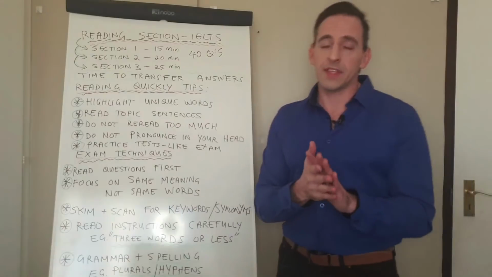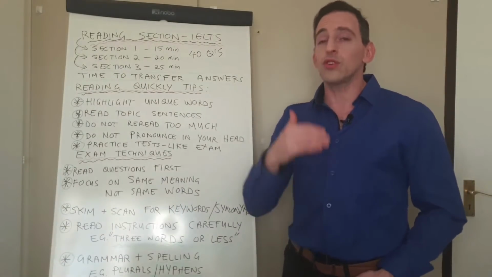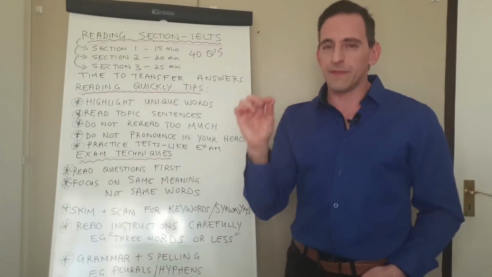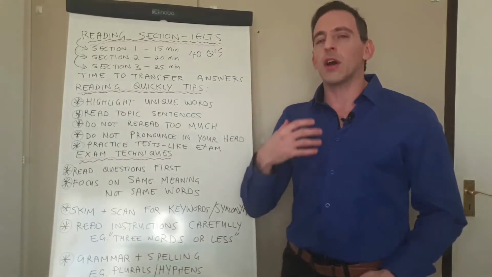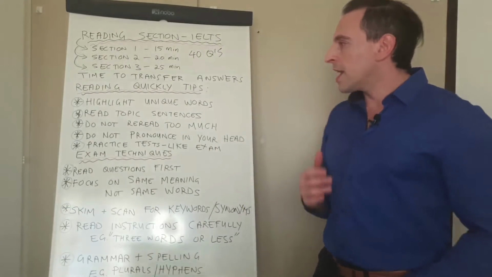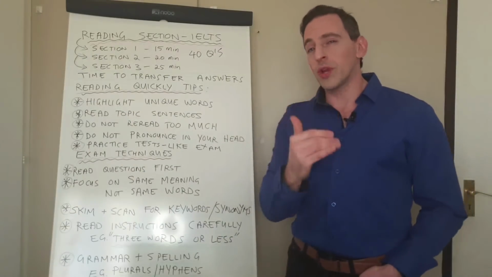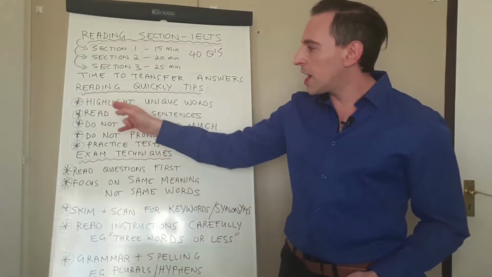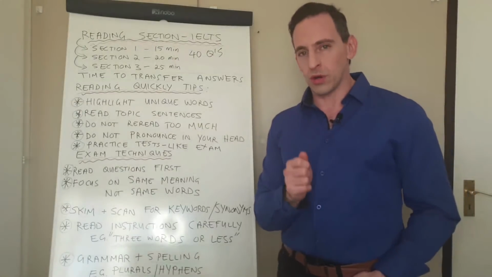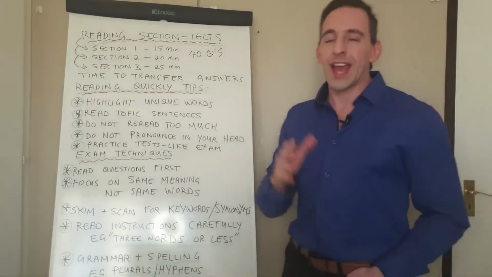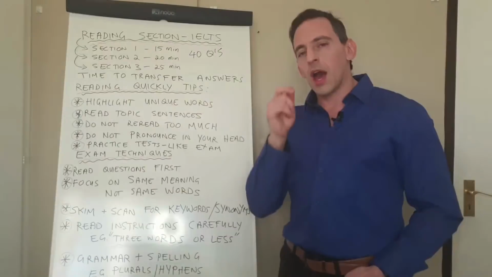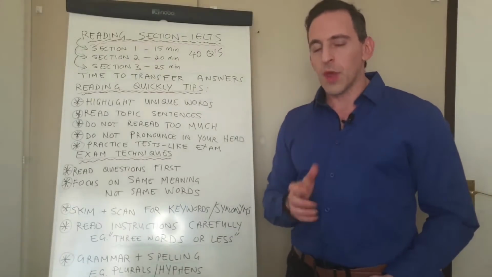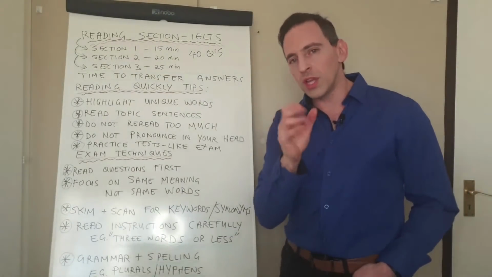Now, one thing I have to say is I don't think you should read everything very, very carefully, because that can take a lot of time. What I think you should do, if you like to read first, is to highlight unique words. So as you're reading, as you're skimming quickly, highlight unique words. What are unique words?